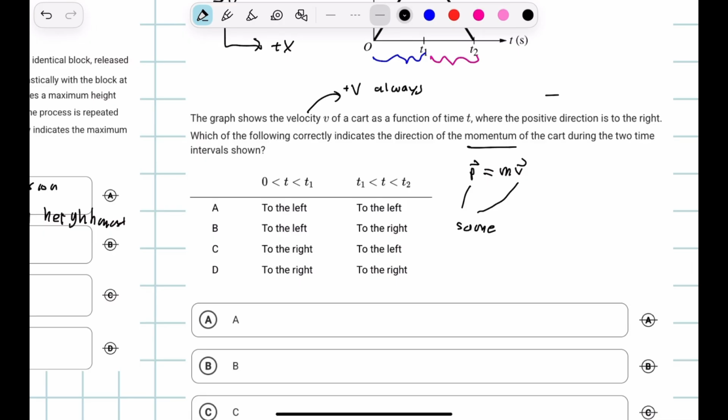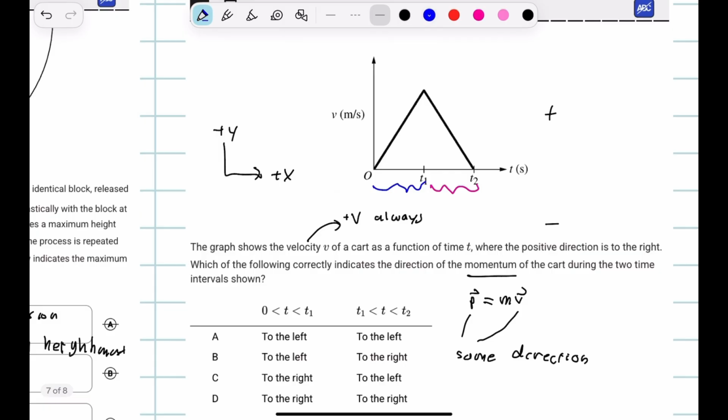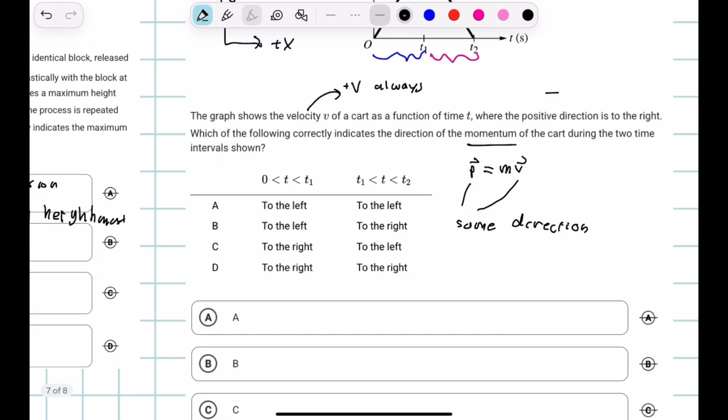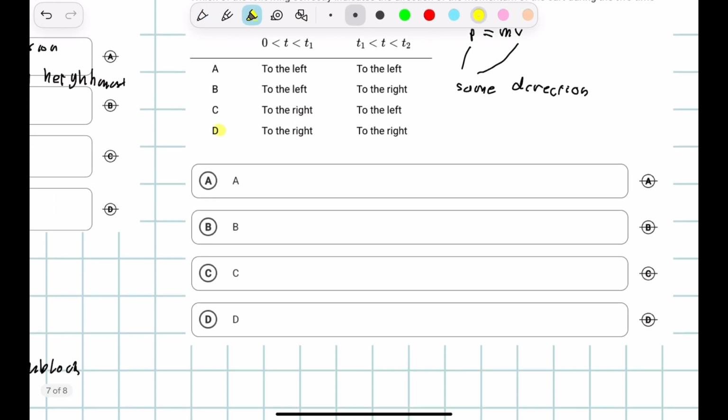From 0 to t1, the velocity is positive and the momentum is to the right. And then here the velocity is still positive and the momentum is still to the right. So that matches with D right here, so we can choose D.